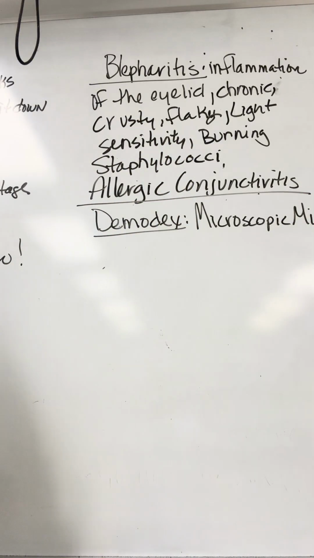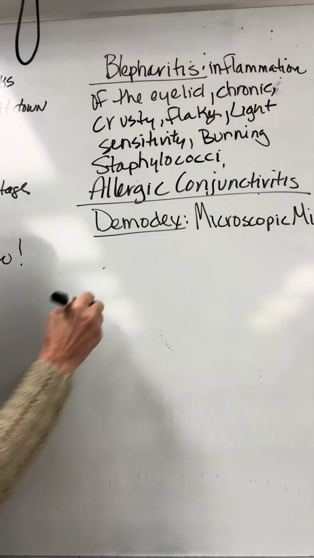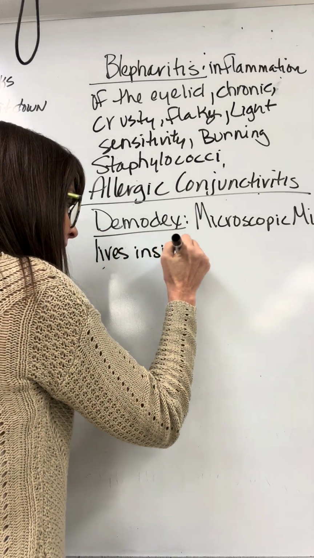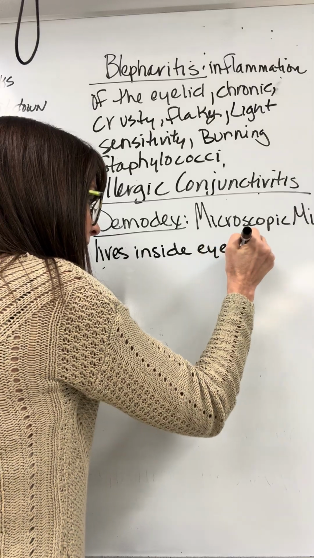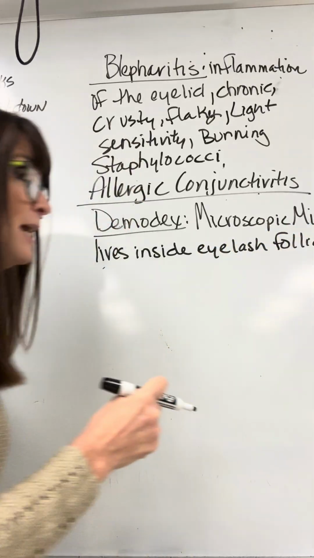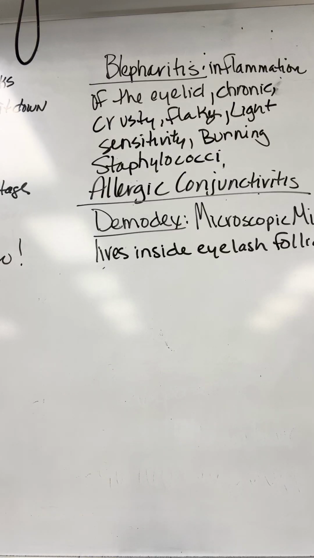Microscopic mite. It will burrow into and live inside of the eyelash hair follicle. They burrow themselves in there. And when they take over, they can cause you to lose your lashes, causing eyelash loss and potential blindness.